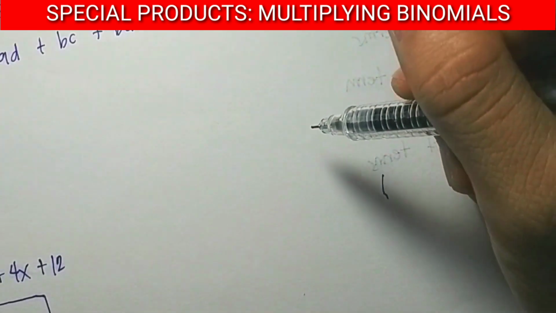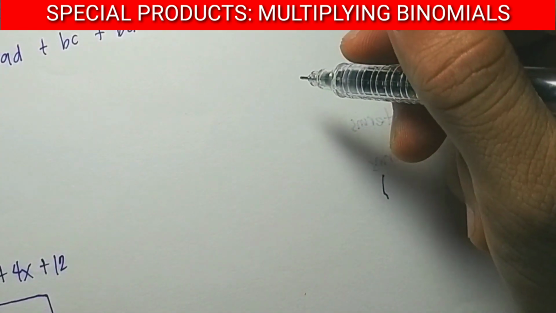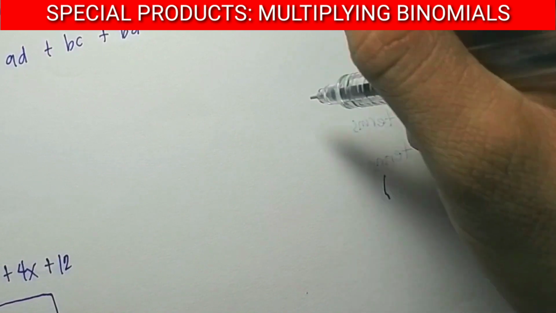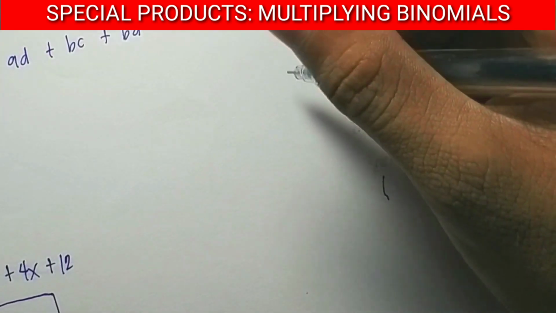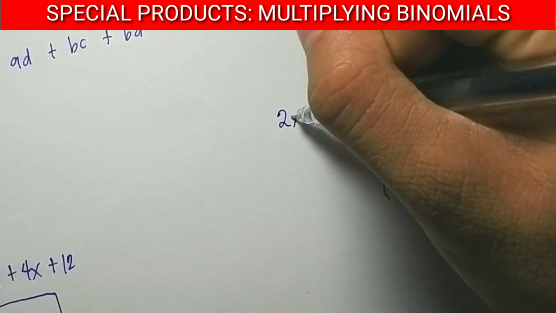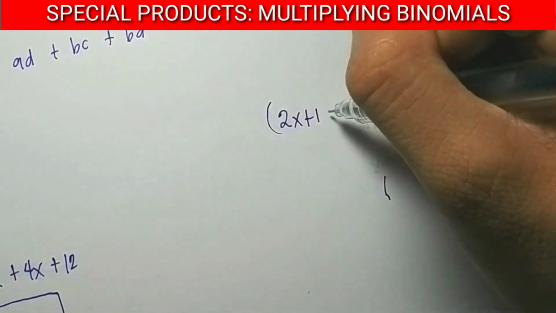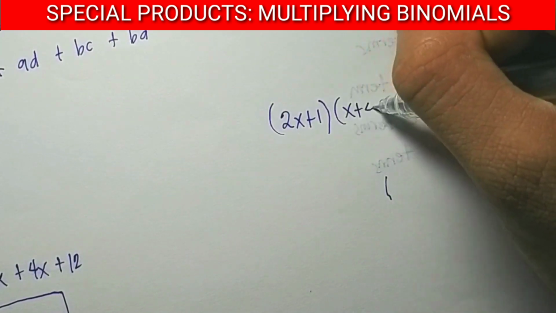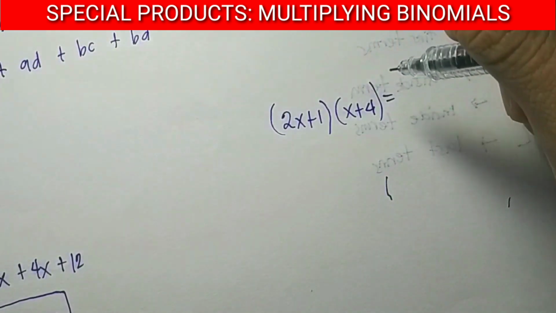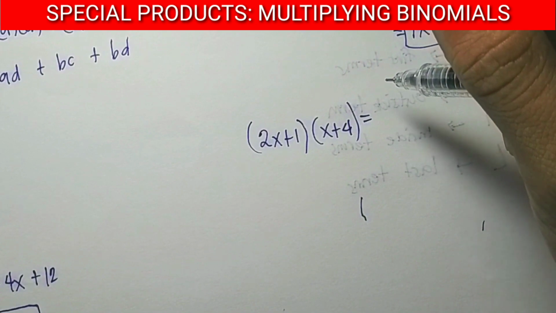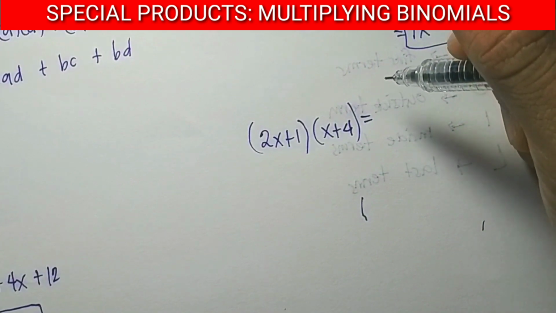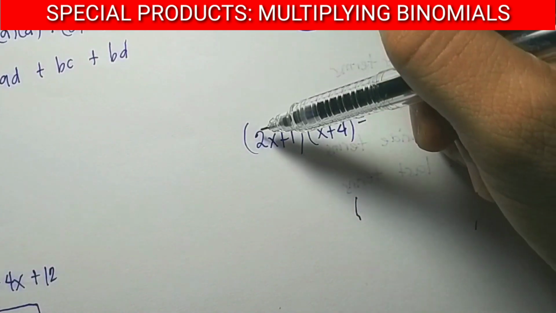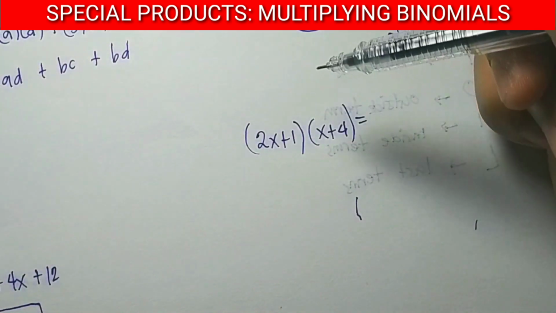Sige, next example. Let's have 2x plus 1 times x plus 4. So again, we will start multiplying the first terms of our binomial. So, ang first terms ani kay kining 2x ug ang x.